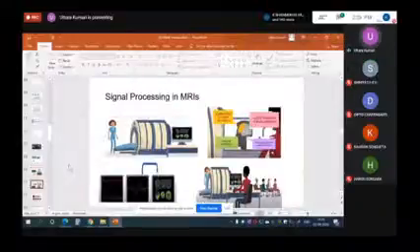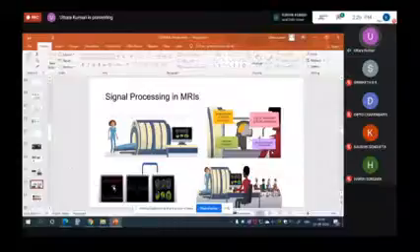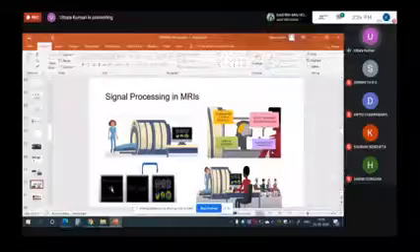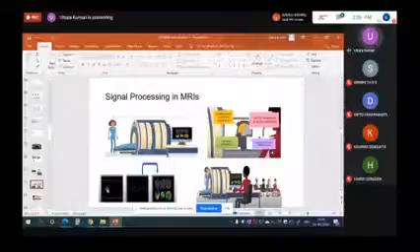When it comes to MRI also, till 10 to 15 years back, they were using machine learning and signal processing algorithms. Now most of the things are moving towards deep learning methods.